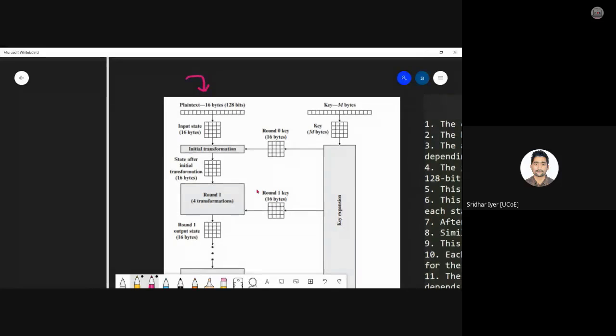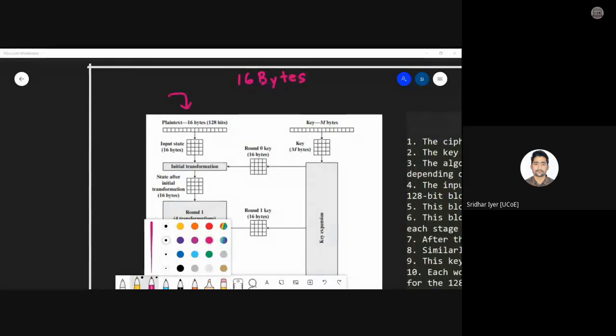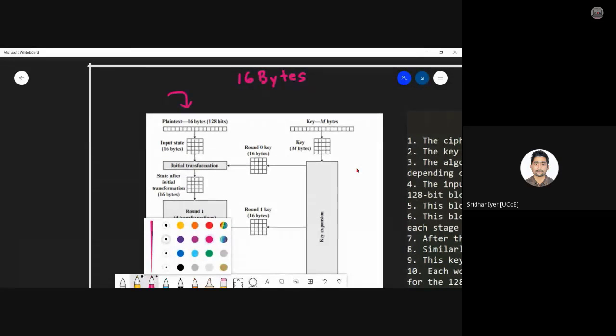I can simply say that 128 bits is nothing but 16 bytes. Yes or no? One byte is how many bits? 8 bits? Yes or no? So if you multiply 16 by 8, you will get the answer as 128. Right? So it is in total 16 bytes.